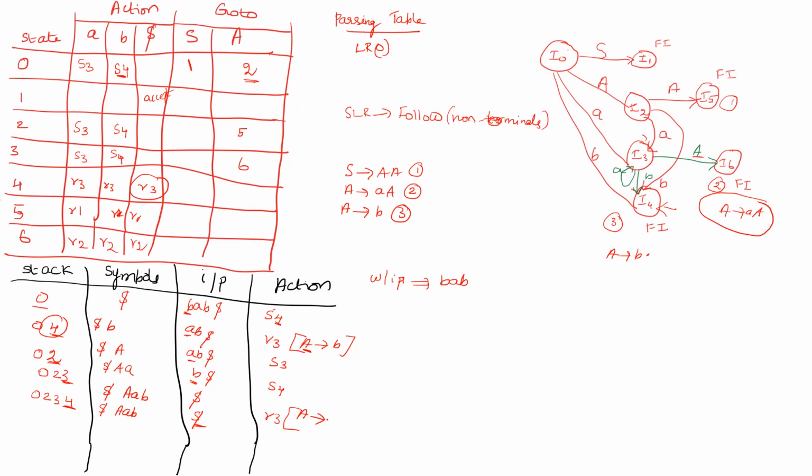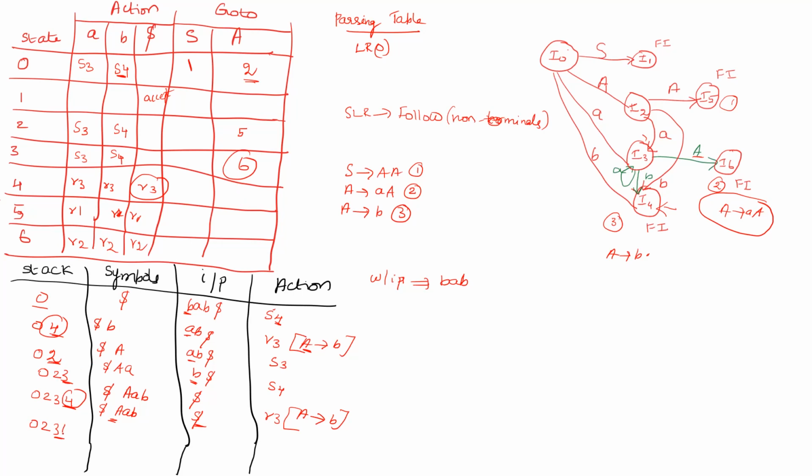R3 is A derives B. So now this has to be reduced, A has to be reduced to B. Whenever there is a reduction, the number of characters has to be popped out. So here we have only 0, 2, 3, and we have to check 3 on A. When you check 3 on A, it is 6.